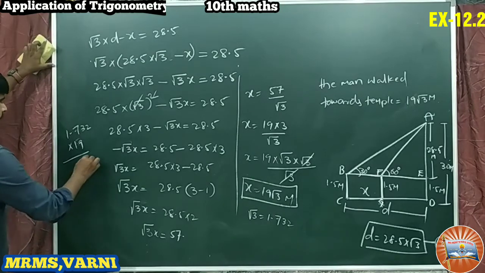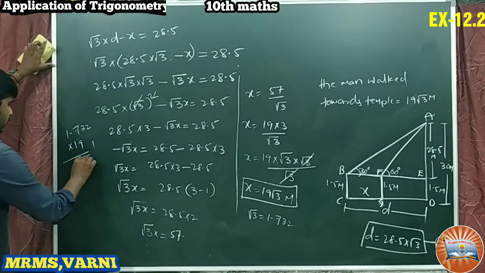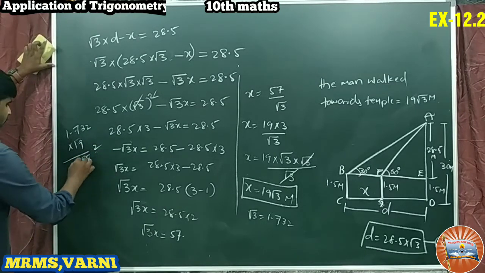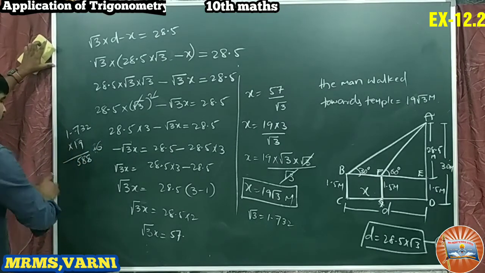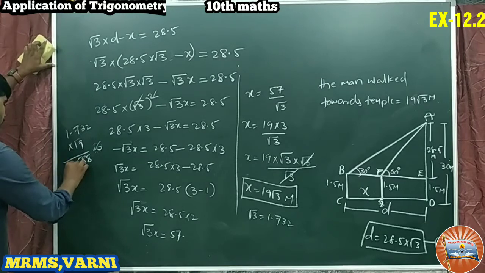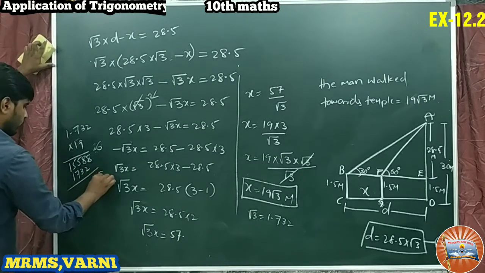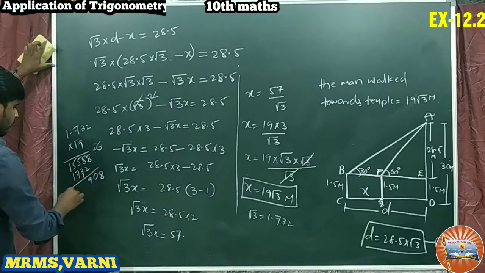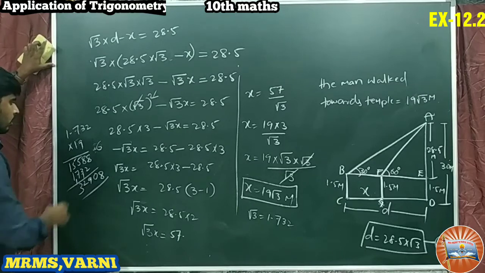Nine 2s are 18, 8 here, 1 carry; nine 3s are 27, 28; 9 7s are 63, 65; 9 1s are 9, 15. Adding up, we get 32908.